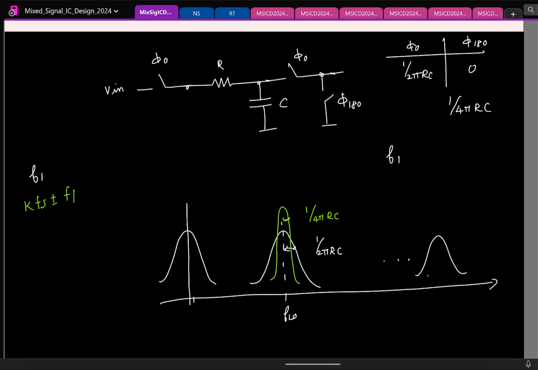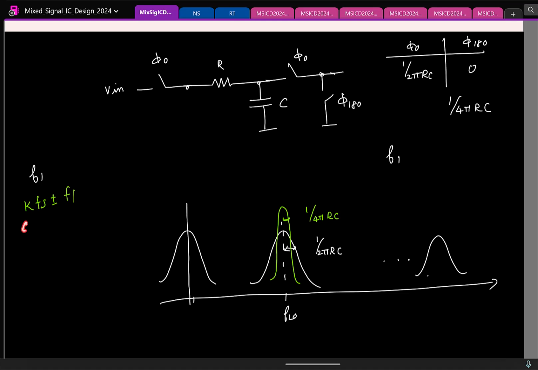Okay. So just like how we plotted a transfer function that told if I apply f1 at the input, how much of f1 I get at the output, you will have multiple transfer functions that will define if I apply a tone at fs plus f1, how much will come at f1, 2 times fs plus f1, how much will come at f1, and so on.